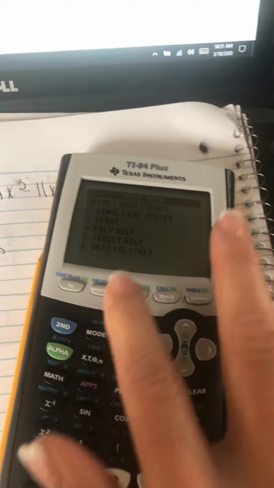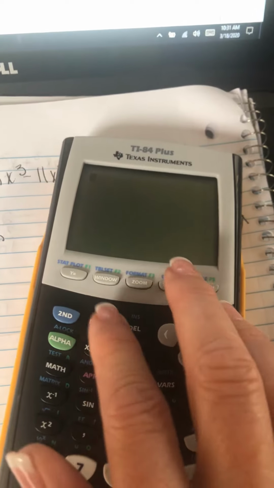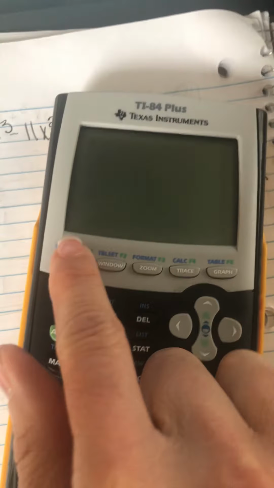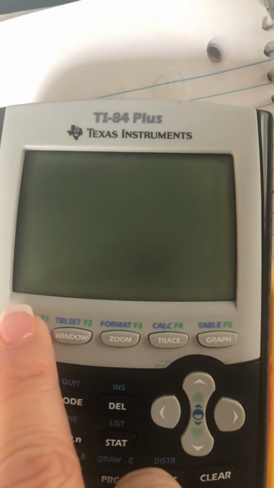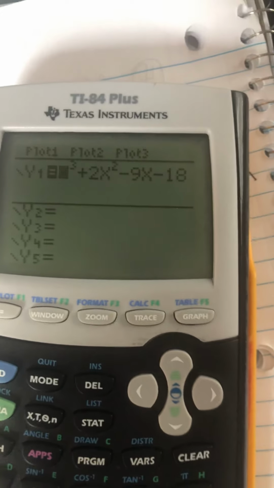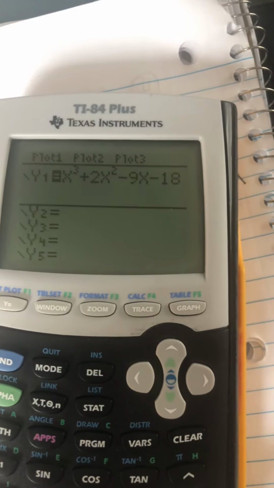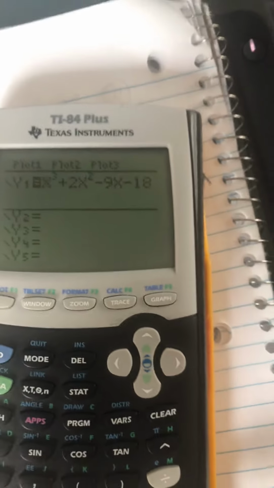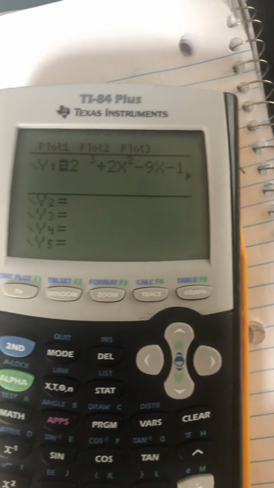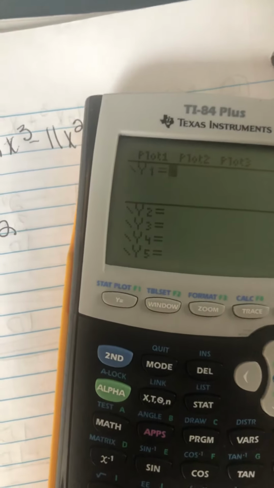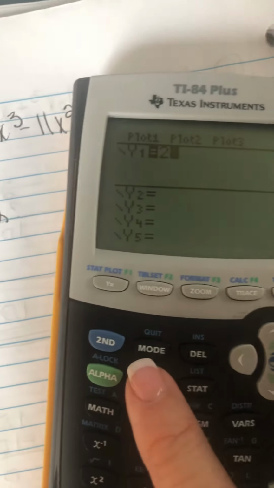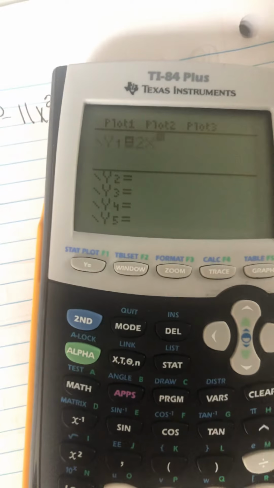And go to your y equals function. Second quit. Okay, so go to your y equals function, which is right here. If you'll notice, I don't have it typed in yet, but I'm going to type it in now. We're going to type in 2x, and then raise that to the third power.